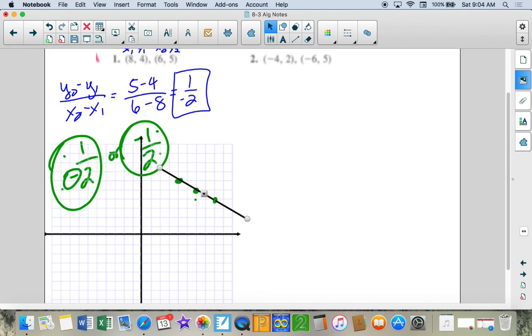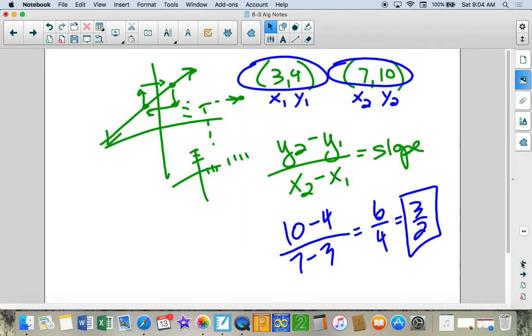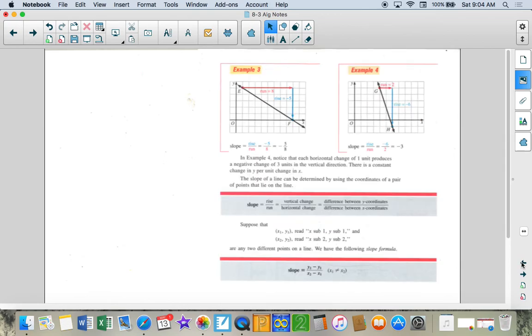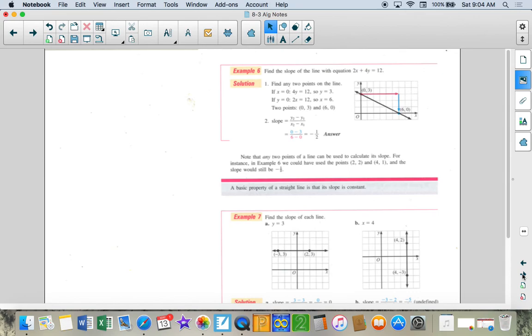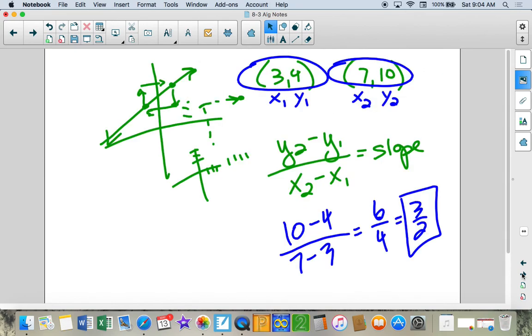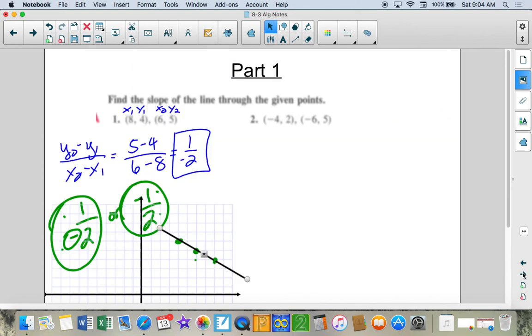What was my slope here? Let's go back to this one. Remember how I showed that negative 4 down 4 left 8 is the same as the positive 1. So there's lots of different ways. 2 negatives make a positive for positive slope. When you have a negative in your slope, it can also go in the numerator or denominator.